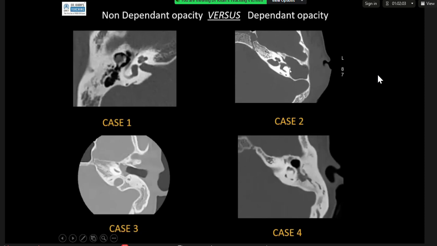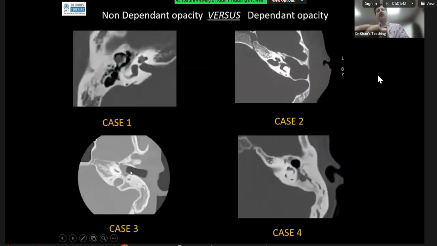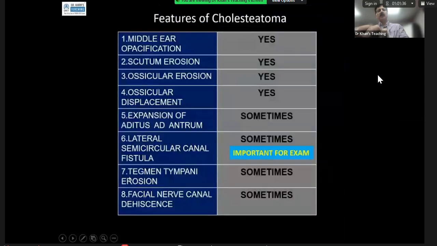So the point is that there can be erosion here. Here in this case, what is happening is that there is opacity. Of course, these are harsh cases because I'm just showing you a single slice. Here, there is a complete erosion, just like this case, just like this case. I'm just showing you a particular level, should I say.